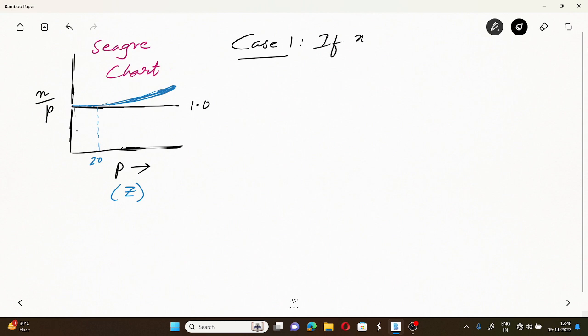if the n by p ratio of a nuclei is above the stability zone.